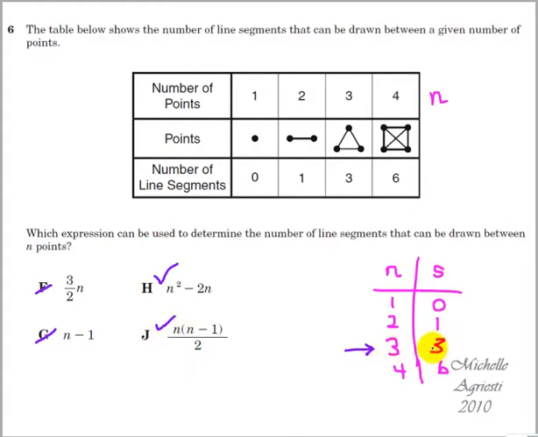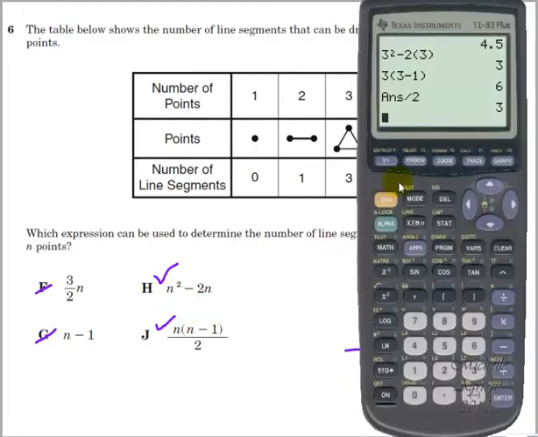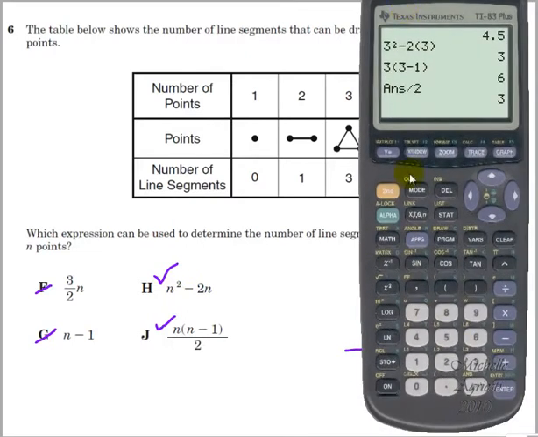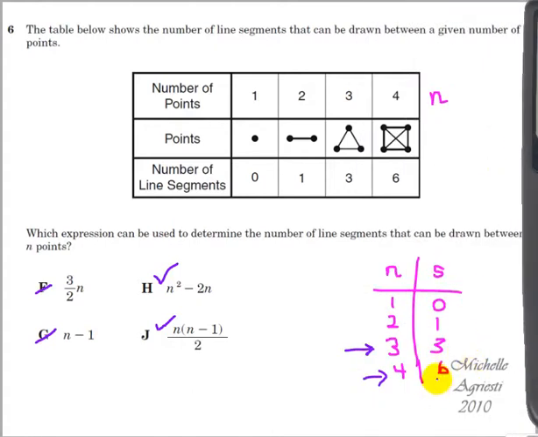So with this piece of data, we've eliminated half of them. We need to eliminate one of these, so I'm going to go to this next one. We'll try it. So 4 squared minus 2 times 4. And we get 8, and this says 6.